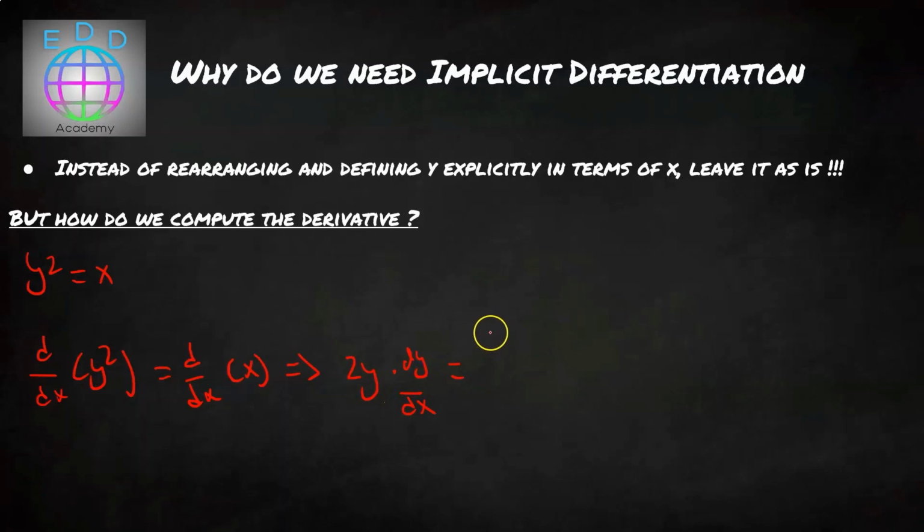For any term involving x, you just take the derivative of that without the chain rule as normal, and the derivative of x is just 1. And then our final step is isolating this dy/dx factor. So we can divide both sides by 2y, and we get that dy/dx equals 1 over 2y. This is our derivative.